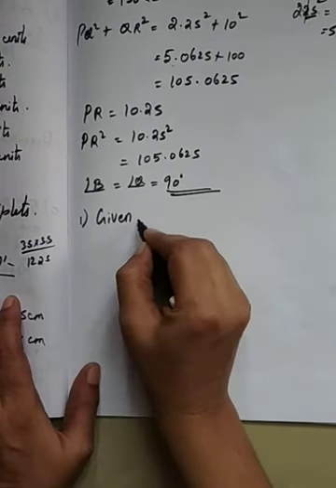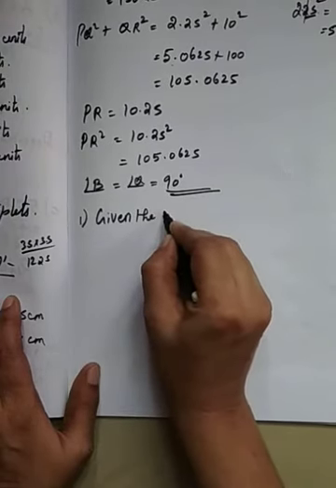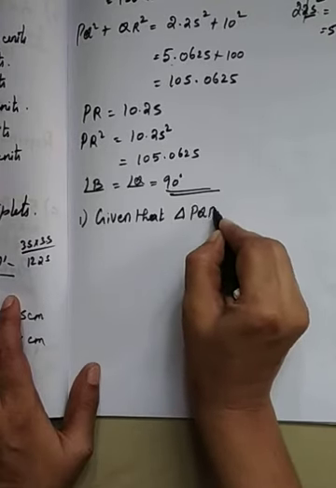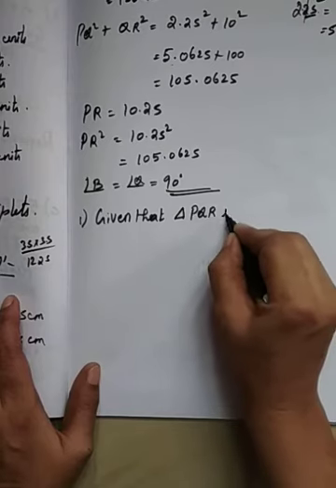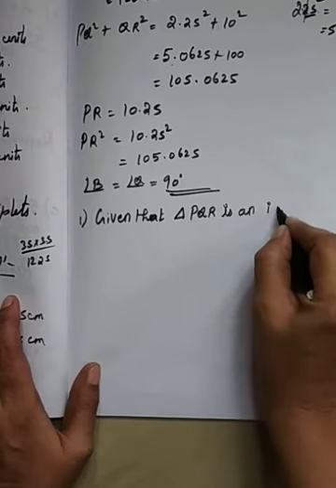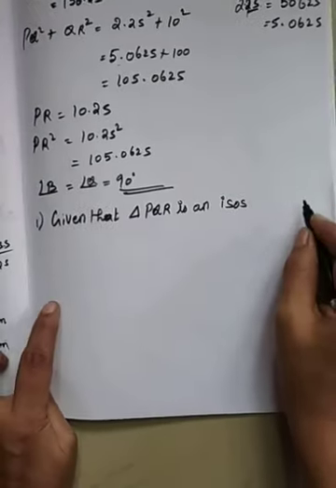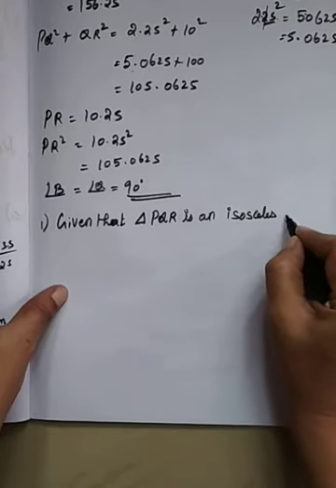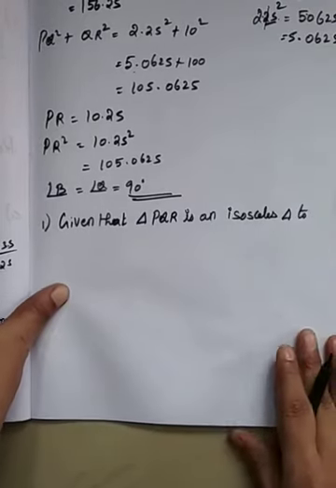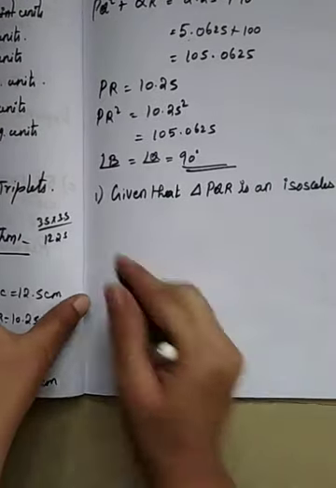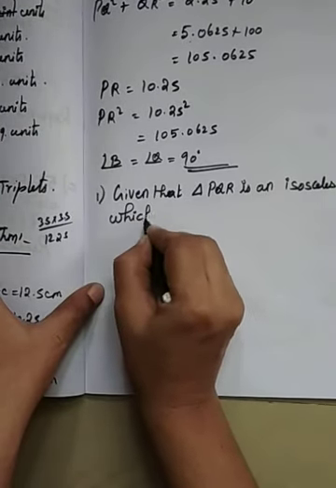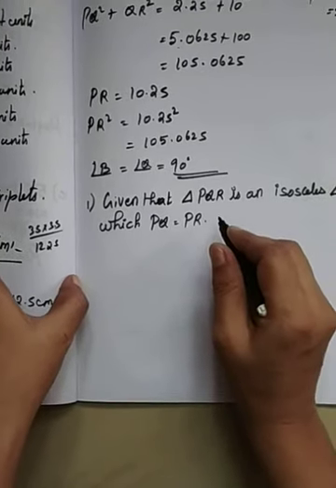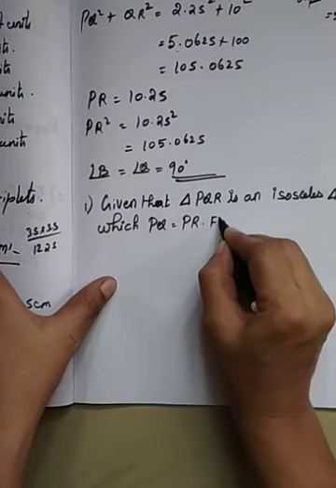Given that the triangle PQR is an isosceles triangle in which PQ equals PR. Find the value of x and y.